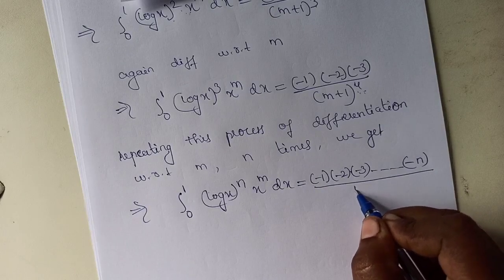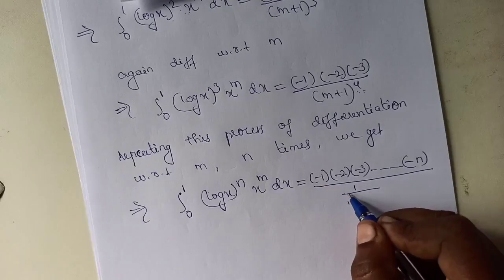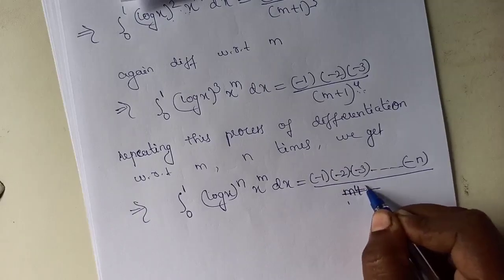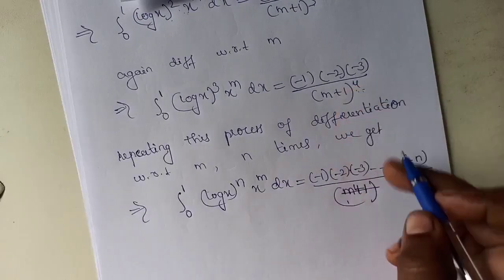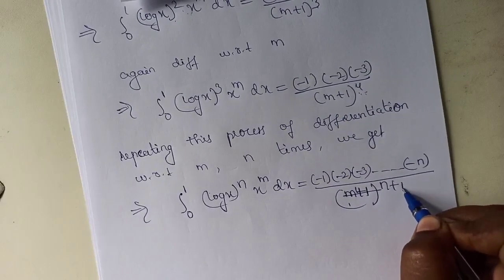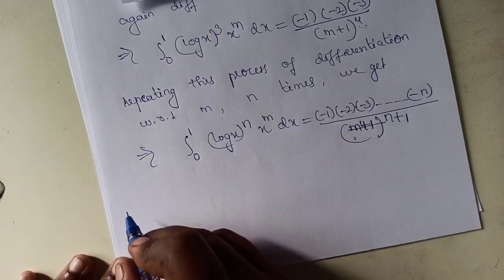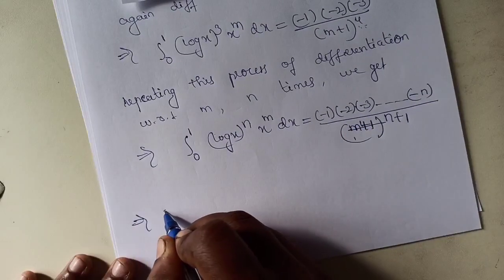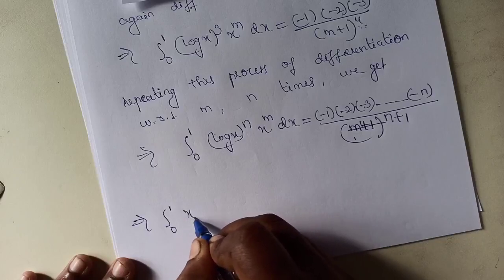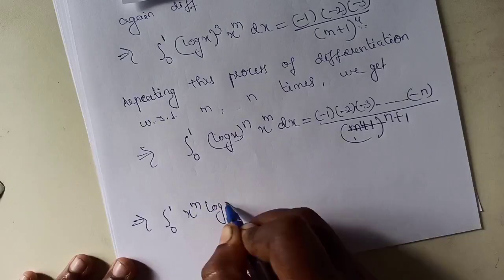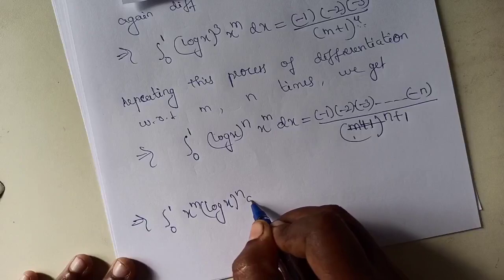Denominator, 1 divided by, sorry, it is (m plus 1) power n plus 1. Or this can also be written as integral 0 to 1 x raised to m log x into dx.